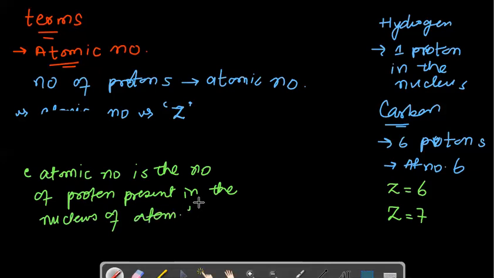If you are provided with the atomic number, you can easily identify the number of the protons present in the nucleus. For example, if I ask you that the atomic number of the helium is 2, and ask you to identify the number of the protons present in the nucleus, you will simply say that there are 2 protons present in the nucleus. Okay.